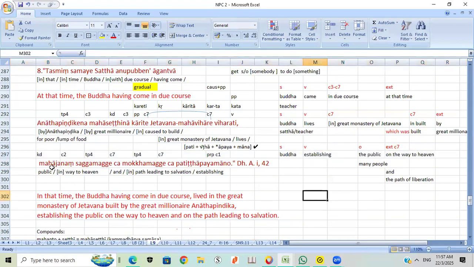Okay, so here the word maha I change into many. Maha means great, big. So I change it into many people. So then Buddha establishing, that means many people. Can you see the word pati, plus pa, stand up?